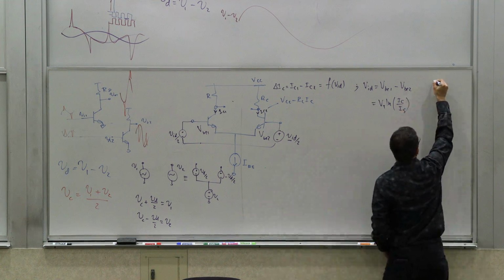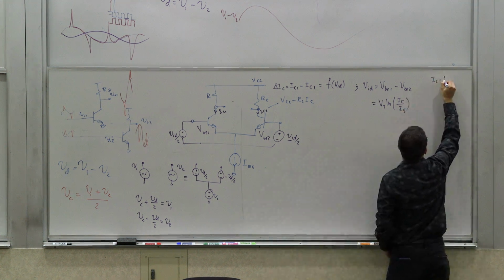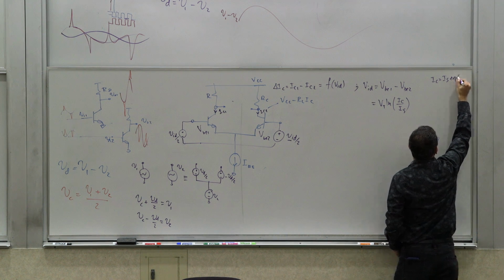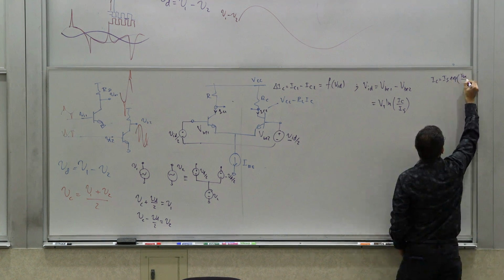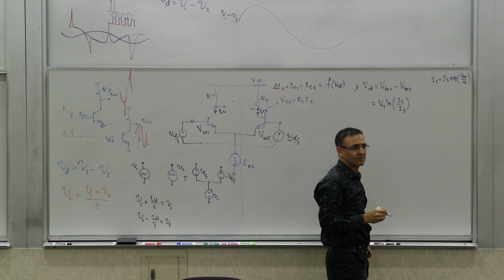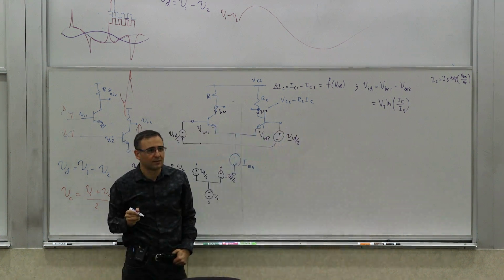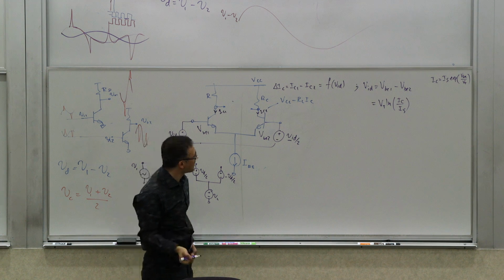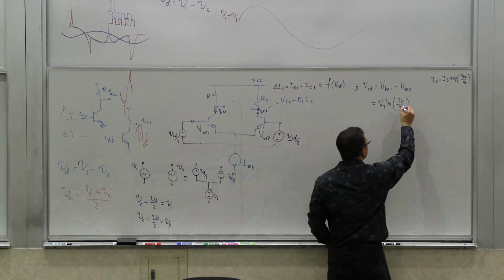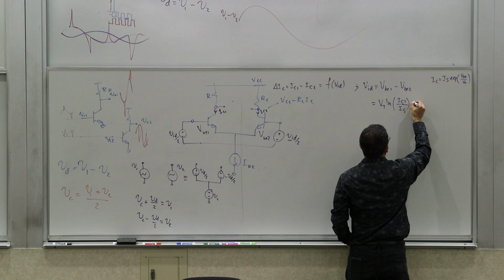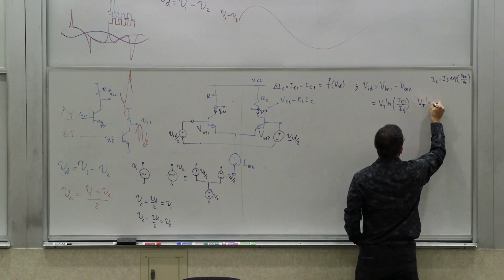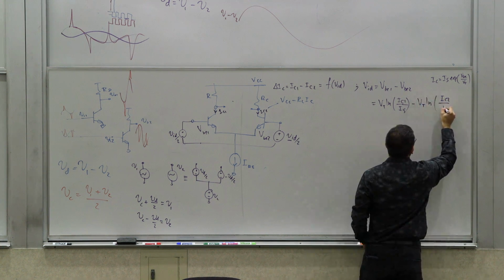This is another way of writing IC is IS e to the VBE over VT. We are ignoring the early effect for now. So that's the exponential, and this is the inverse of the exponential. So this is IC1 over IS, and then VBE2 is going to be VT natural log of IC2 over IS.